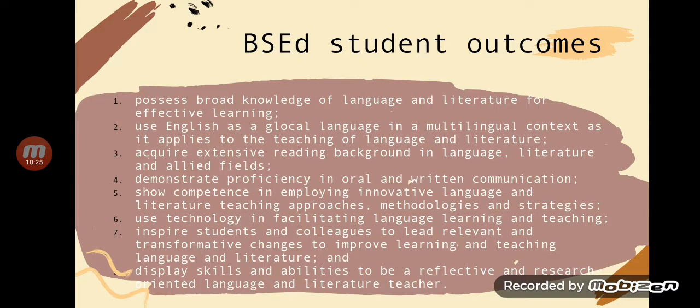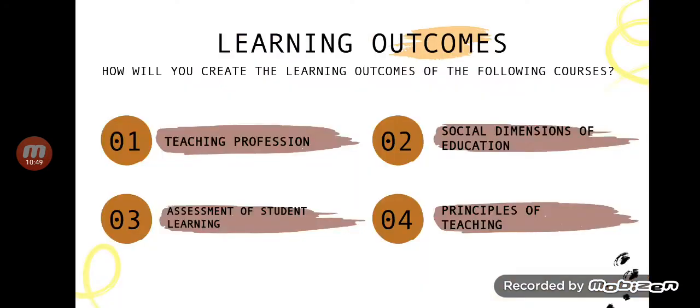So, meaning each program, whether it is a Bachelor of Secondary Education, Bachelor of Elementary Education, Bachelor of Early Childhood Education, they have their own respective student outcomes. The expectations that we want each student to demonstrate after graduation.